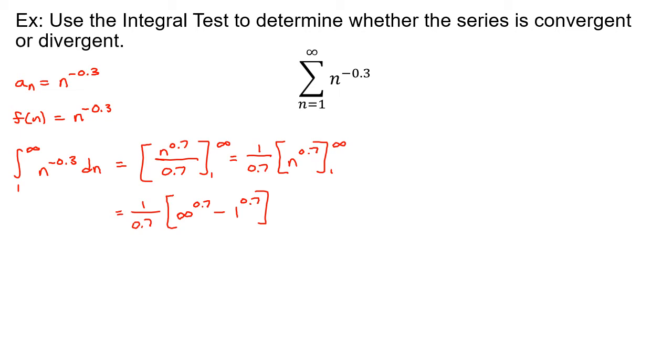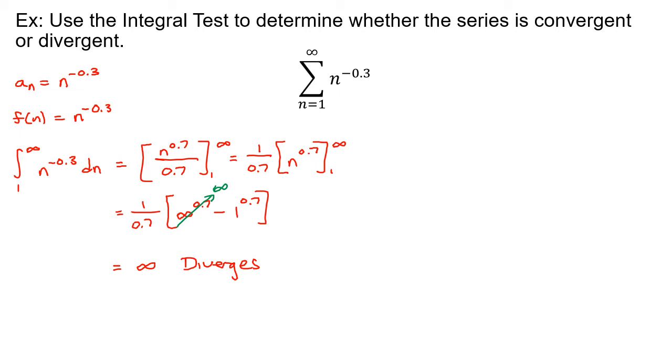That's going to get ever bigger and bigger. So this part right here is going to blow up. And subtracting a 1 from it or dividing by 0.7 is not going to deny the fact of it blowing up. It's just going to keep getting bigger and bigger. This will go towards infinity. So this diverges.